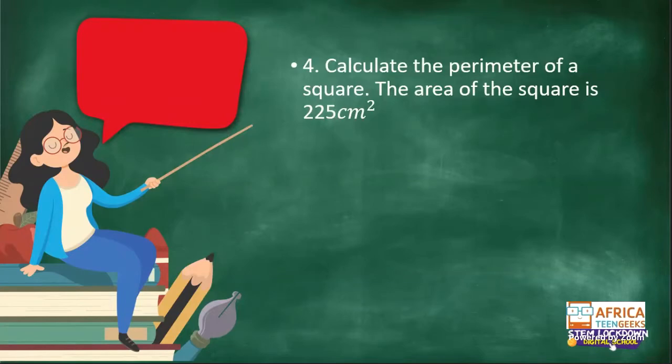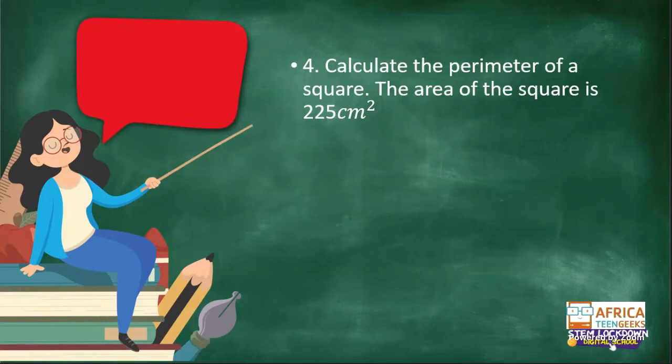The square root of 225 is 15. And thereafter, once you know the side of the square, you can then use the side to find the perimeter. Of course, the perimeter now will be 15 times 4, which is 60 centimeters.